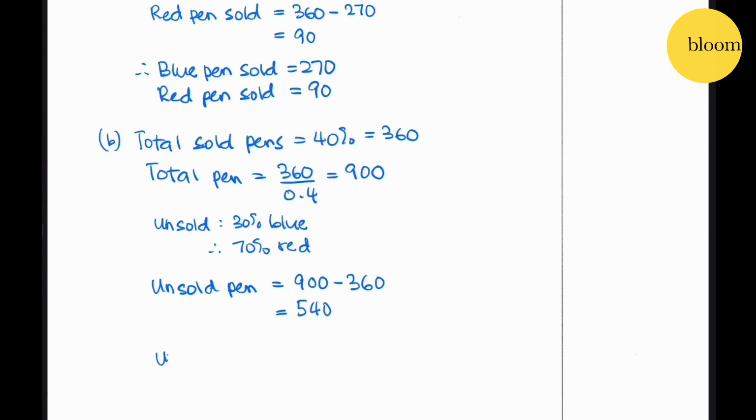Therefore, unsold red pens equals 540 times 0.7 equals 378 pens.